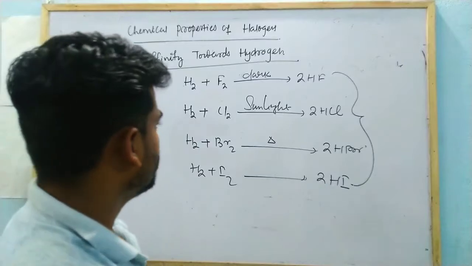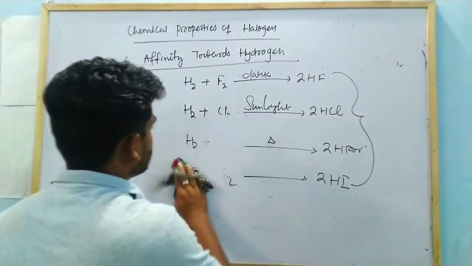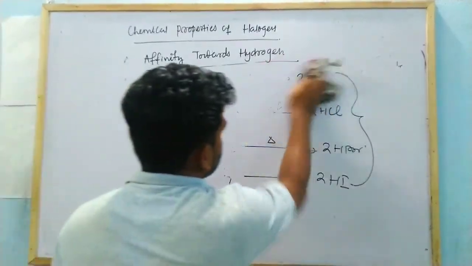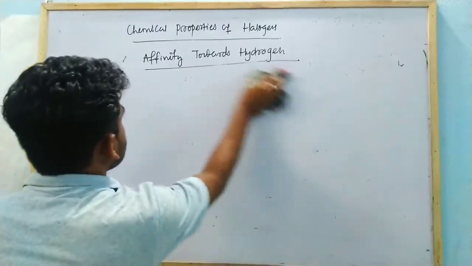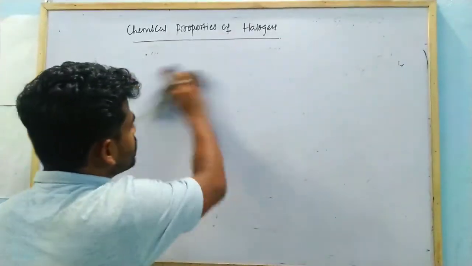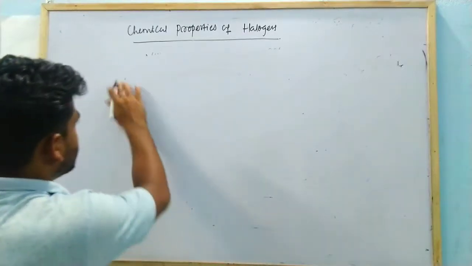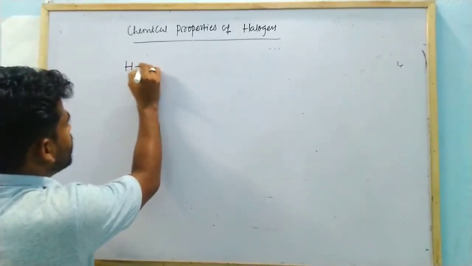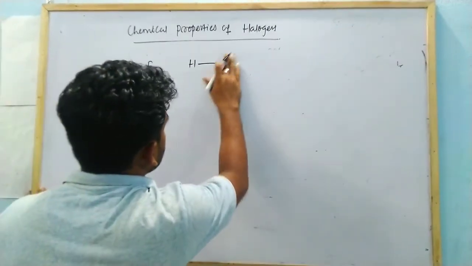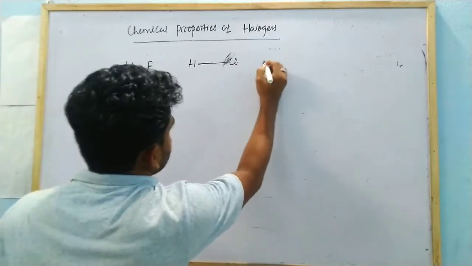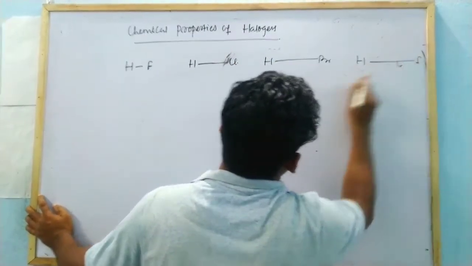Let us discuss a few characteristics of halogen acids, very shortly. I am right now writing over here: this is HF, this is HCl, this is HBr, and the final one is HI.